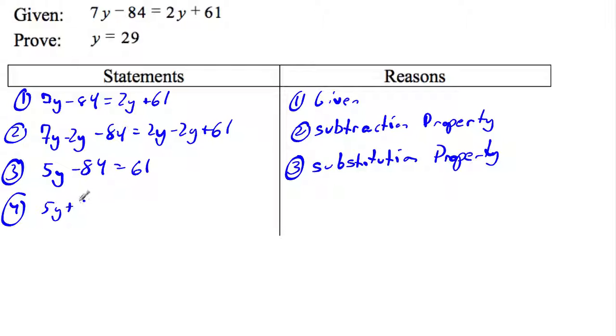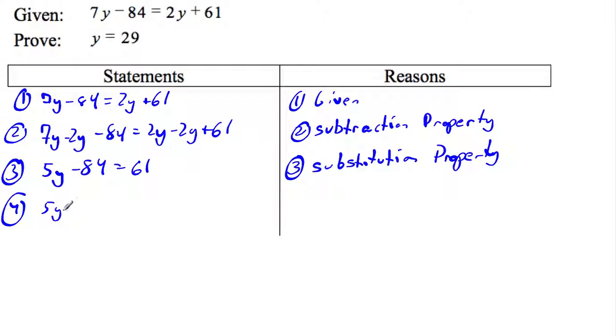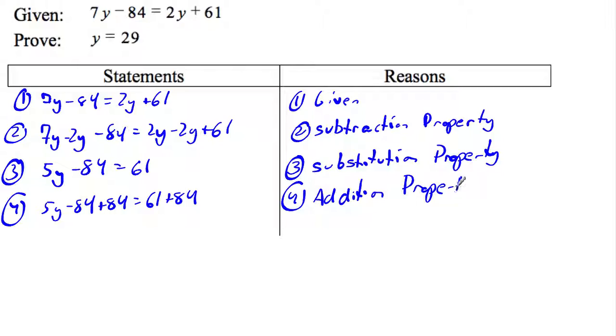Next, I can add 84 to both sides. And that is the addition property. Can simplify this, so I get 5y is equal to 145.